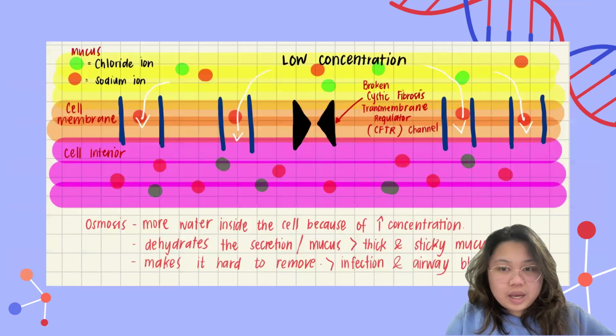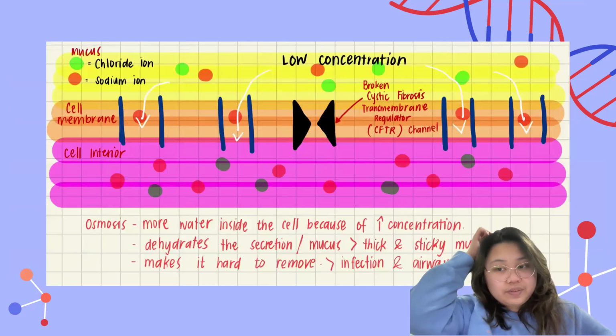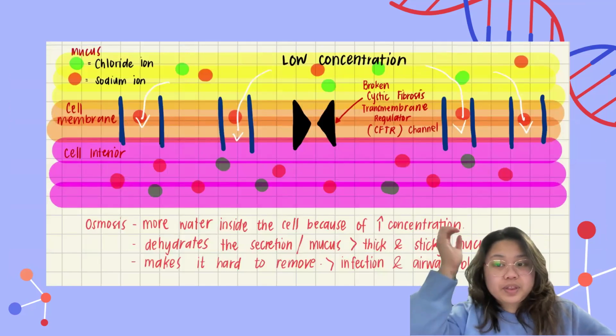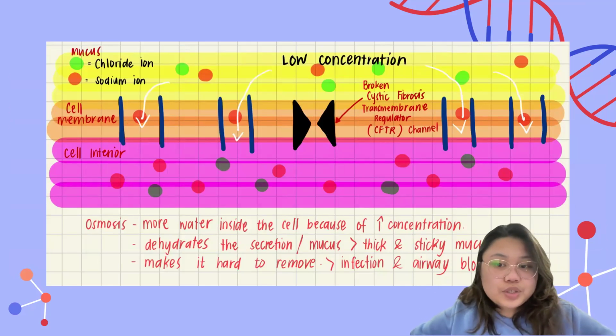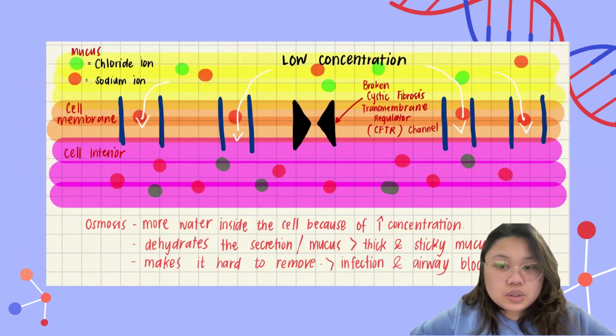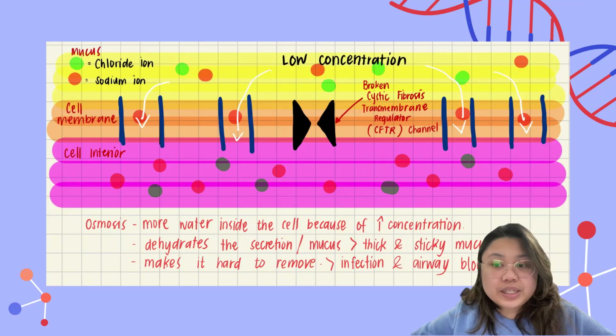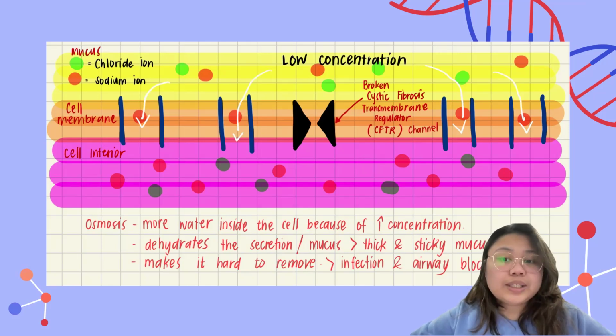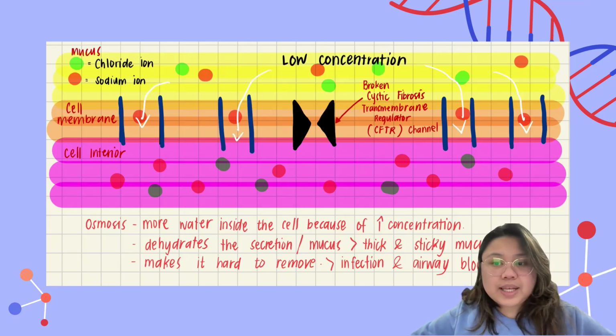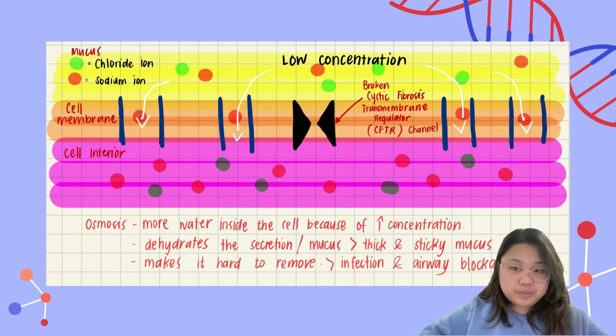Aside from that, a broken CFTR protein increases the activity of the ENaC, or the epithelial sodium channel, which allows sodium ions to enter the cell. That results in an increase of water inside due to the increased sodium concentration. It's like osmosis, making dehydrated secretions, which makes the thick and sticky mucus.